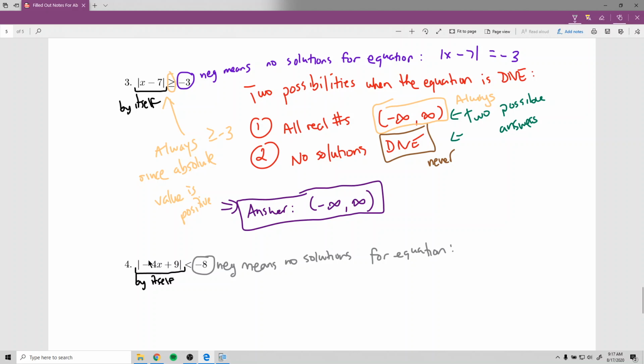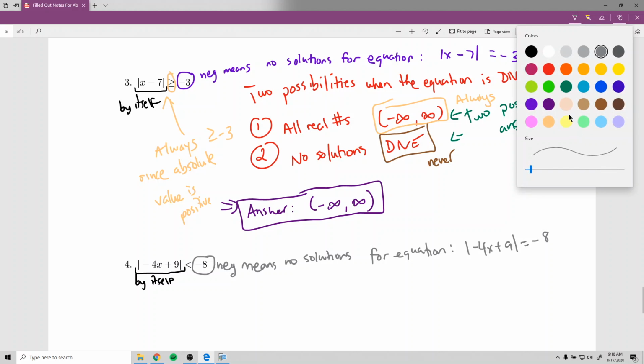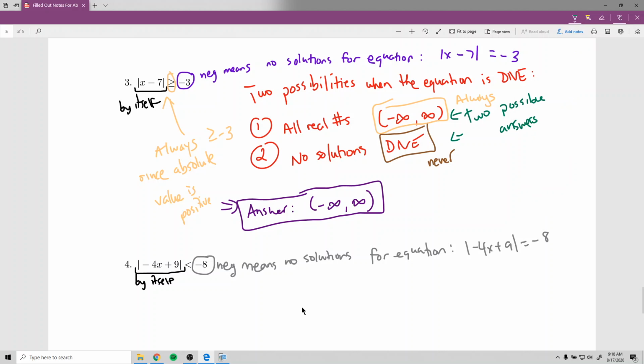And as we saw in the previous section, it doesn't matter what's inside. It can be pretty messy. As long as that number is negative, there's no solutions. So we look at the inequality to determine our answer. This one's asking us, when is the absolute value less than -8?